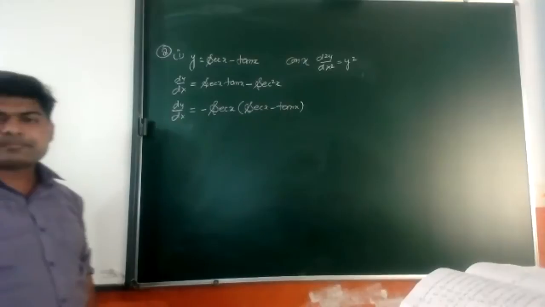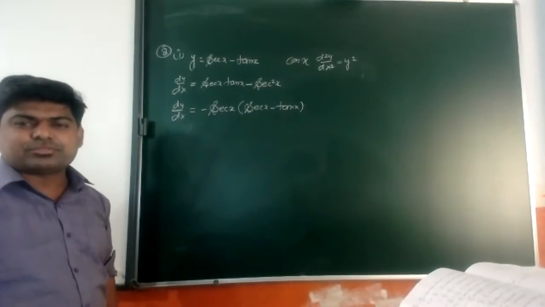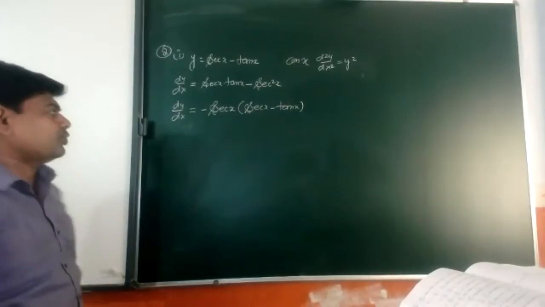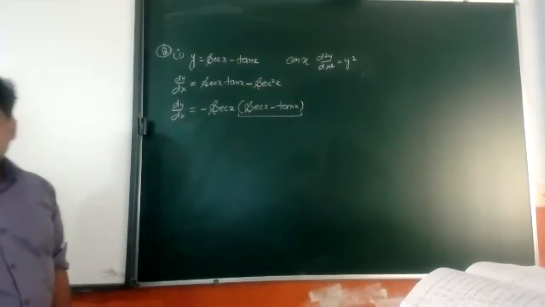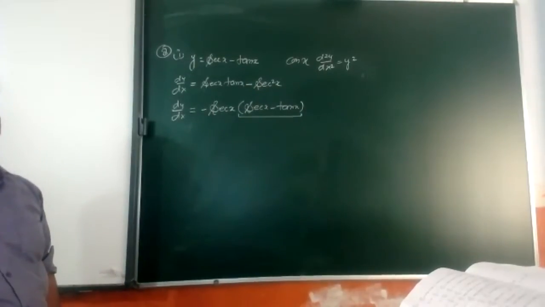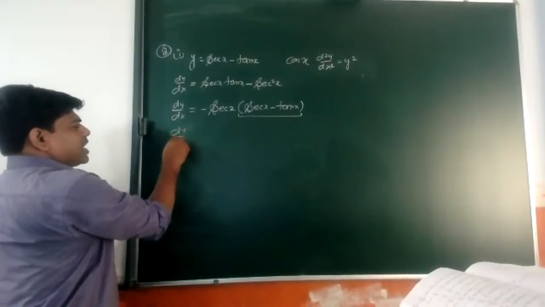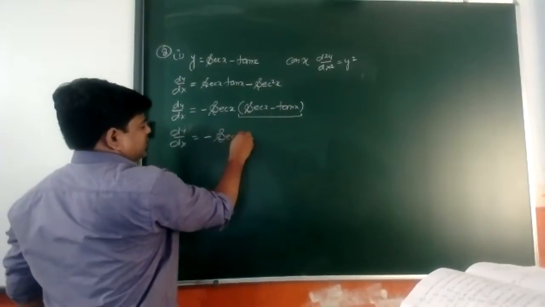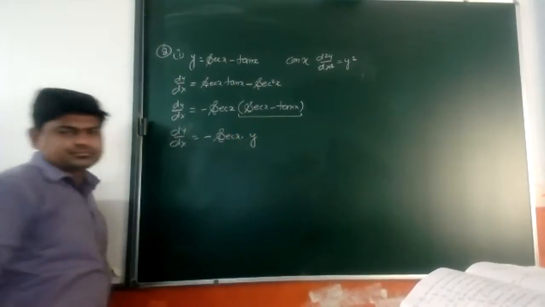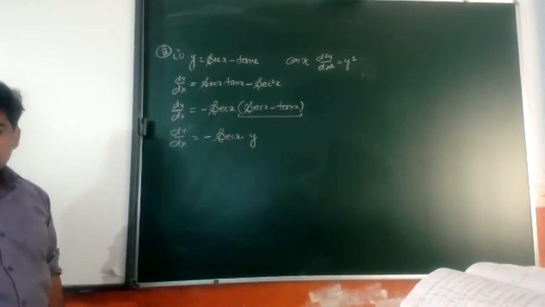Does anyone have any problem here? No. This one can be written as y according to the question. So dy by dx is equal to minus sec x into y. It's okay. Say yes or no.